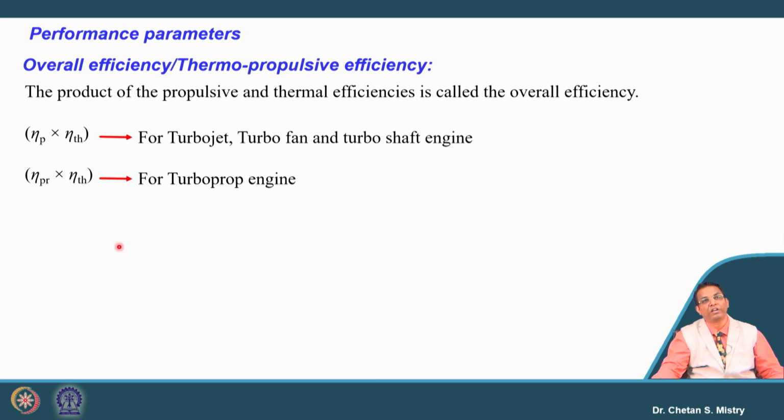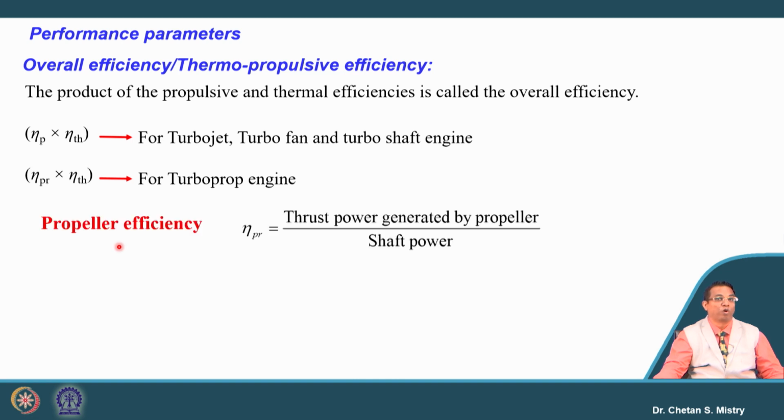There is open literature which says the overall efficiency of the turboprop engine needs to be calculated based on propeller efficiency and thermal efficiency. Some literature does not consider the propeller efficiency; they calculate propulsive efficiency and thermal efficiency in order to calculate the overall efficiency.